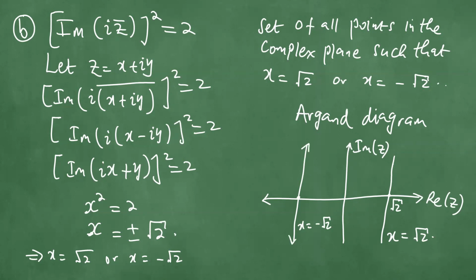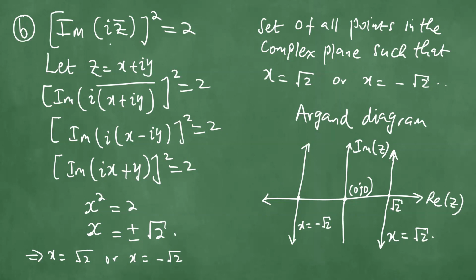Like this. Now, this is the origin. So this is the graphical representation of the set of all points described by this.